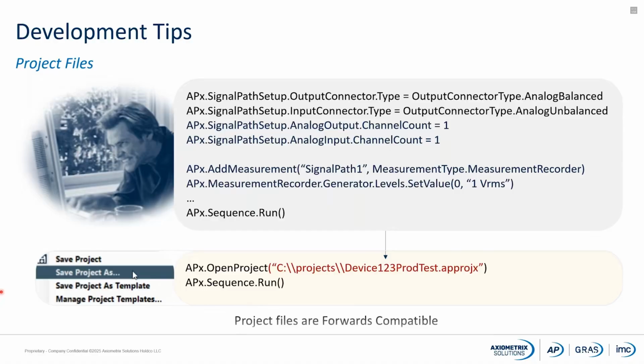And project files are forwards compatible. So if, for example, you saved a project file in version 7, you could load that project file back in version 7, 8, 9, or any future version of APx software.